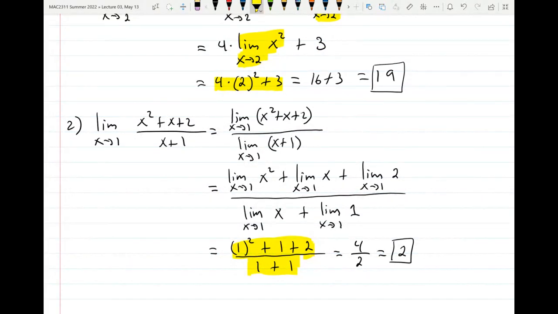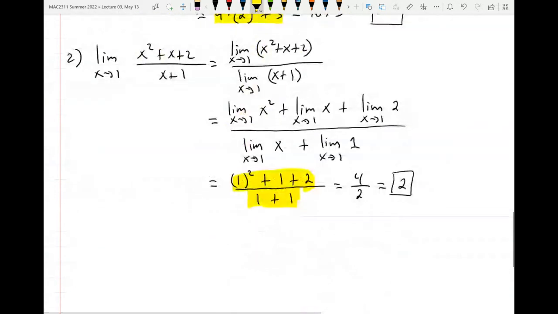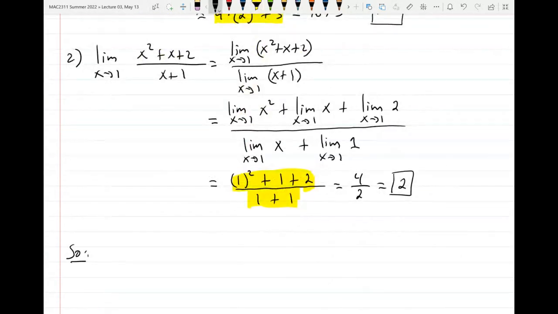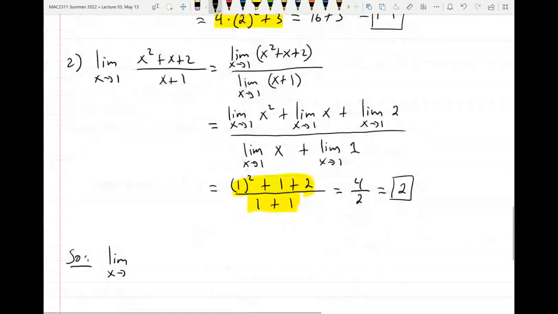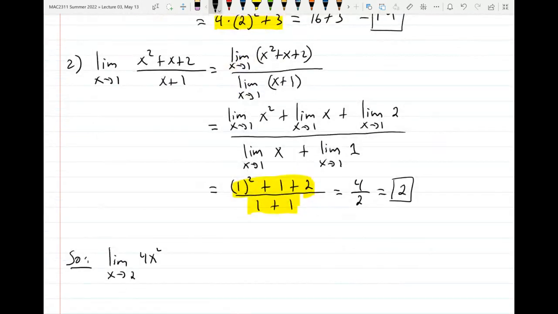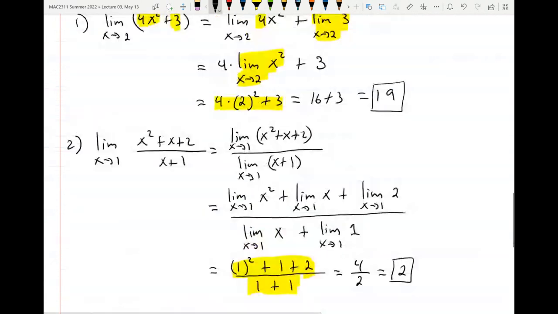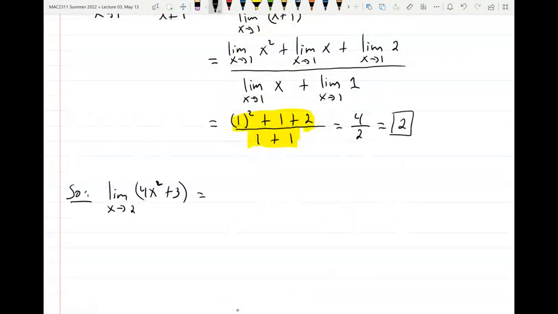So in other words, from now on, if you see this limit as x approaches 2 of 4x squared plus 3, we will not be writing all of those steps anymore. We will just say, okay, that's just equal to this. So you immediately go ahead and evaluate.